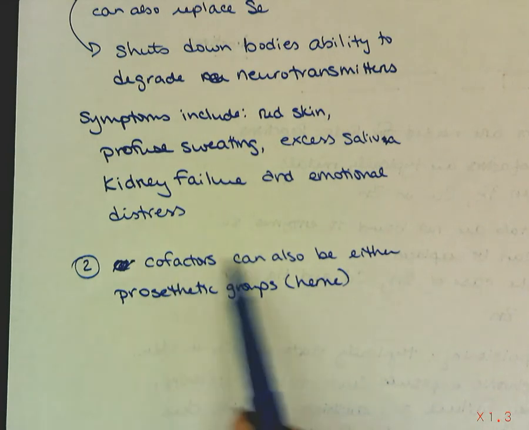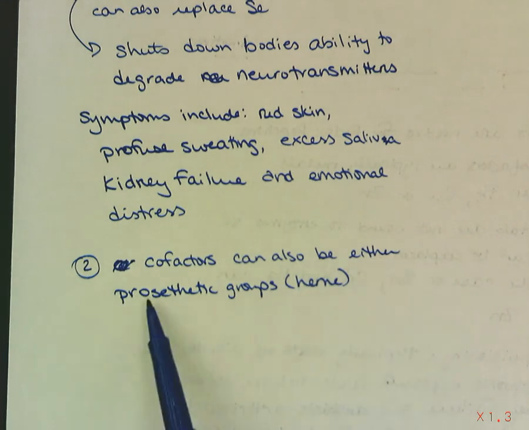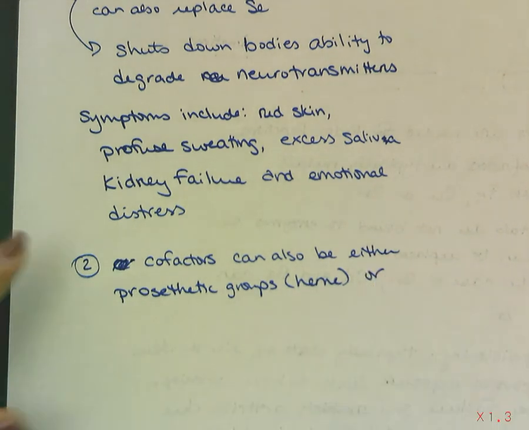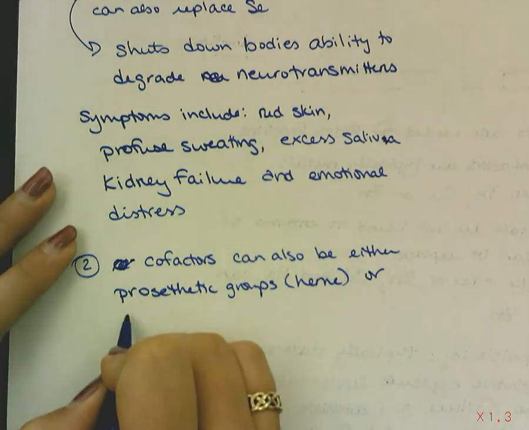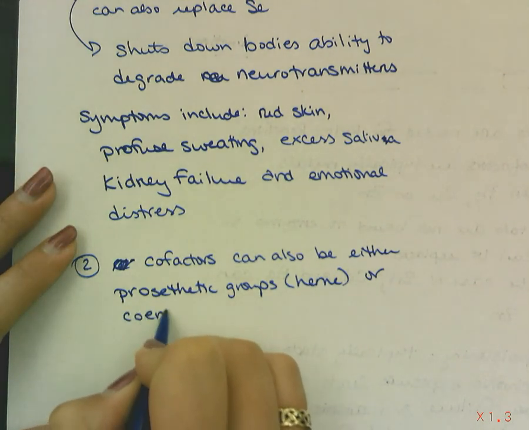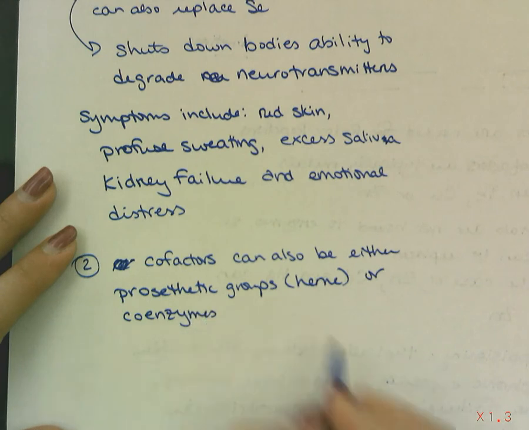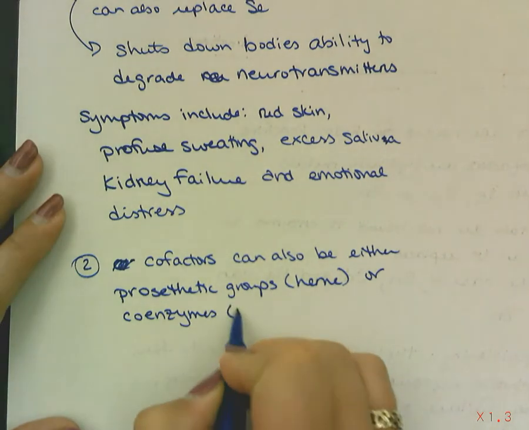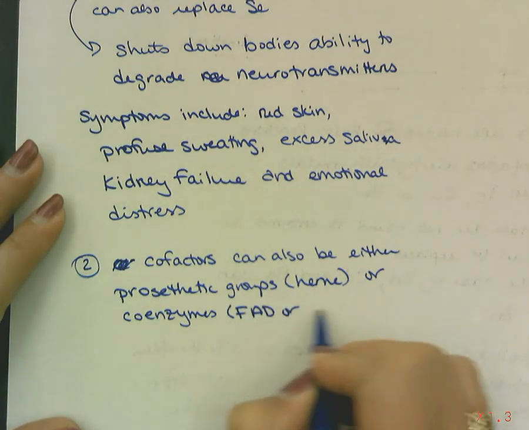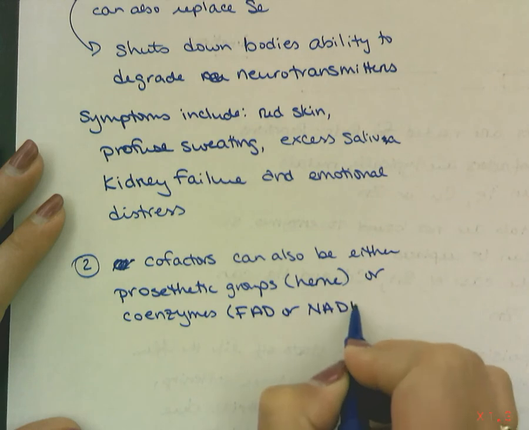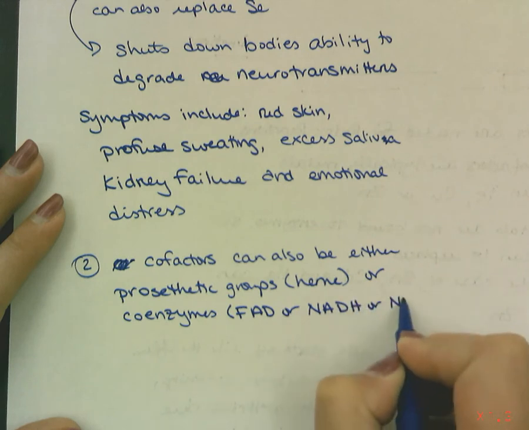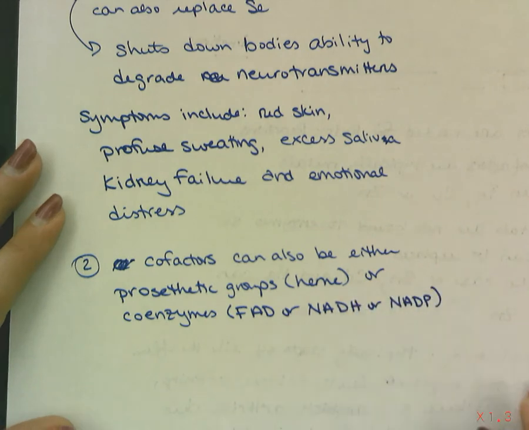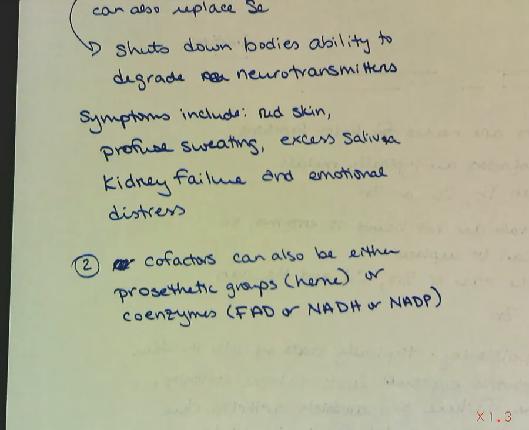Cofactors can be either prosthetic groups or something called coenzymes, which you guys are familiar with. You probably just haven't called them that. Coenzymes would be FAD, NADH, or NADP.